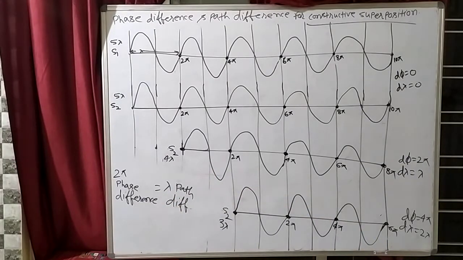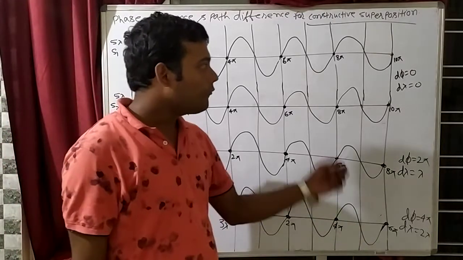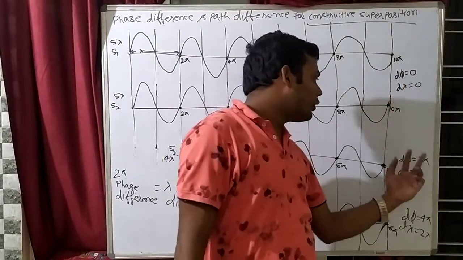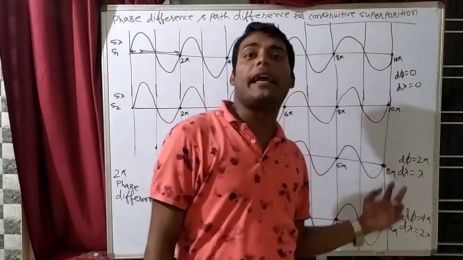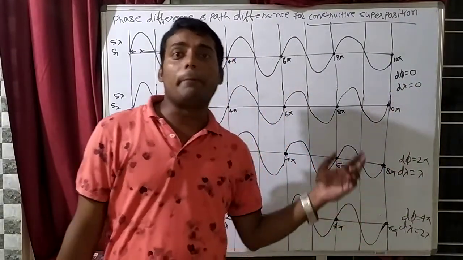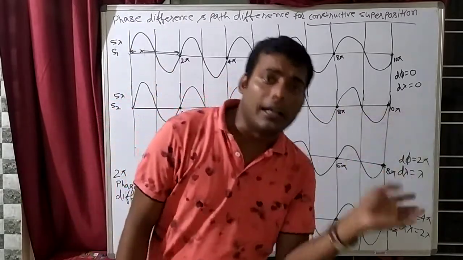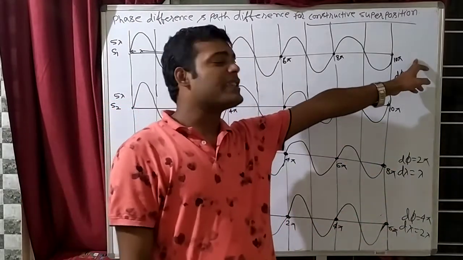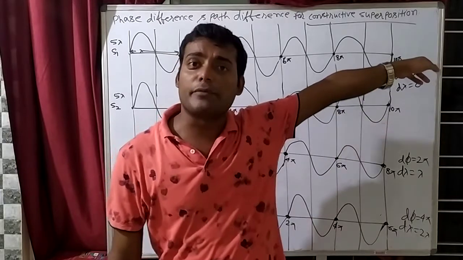Now we will write the condition for constructive superposition. See, phase difference 0, 2 pi, 4 pi, 6 pi, 8 pi, 10 pi. If the phase difference will be like this, understand it again. If the phase difference will be 0, what will be this? Constructive superposition.